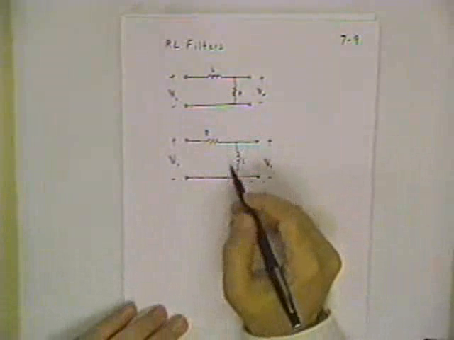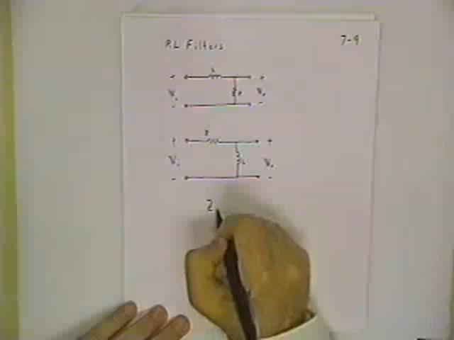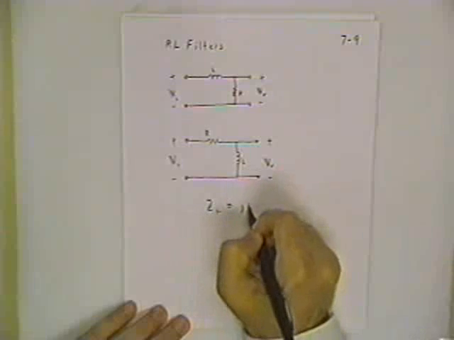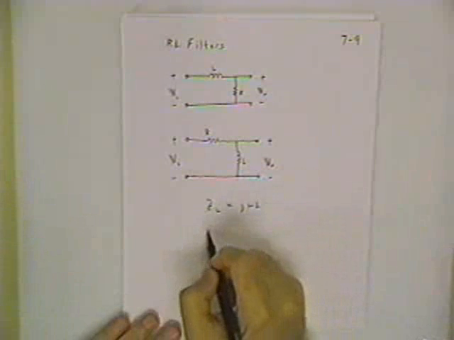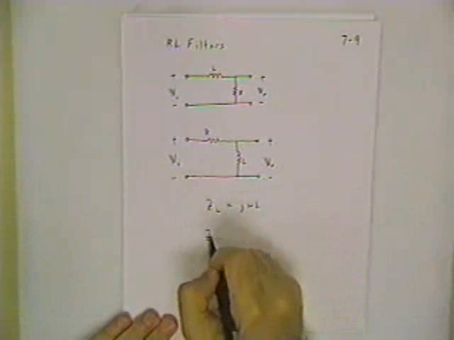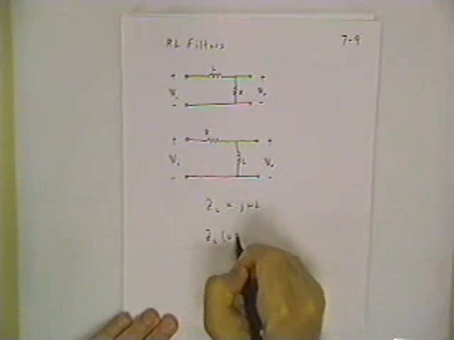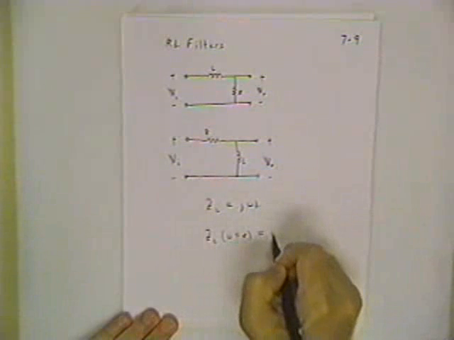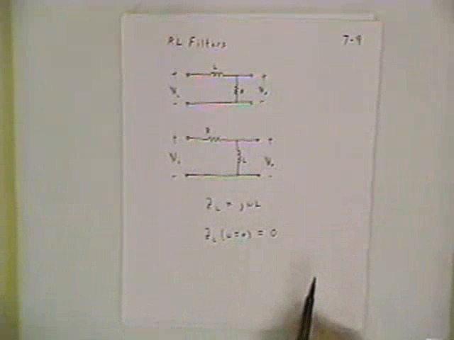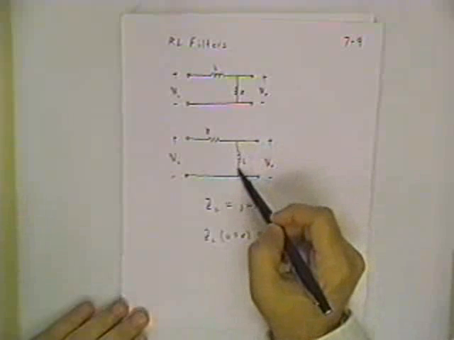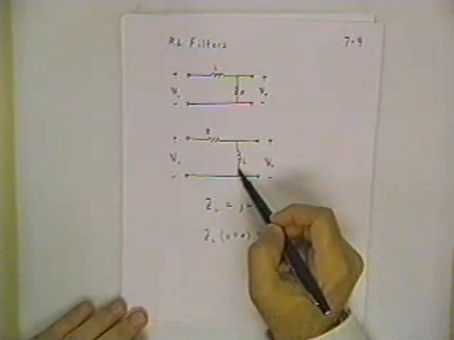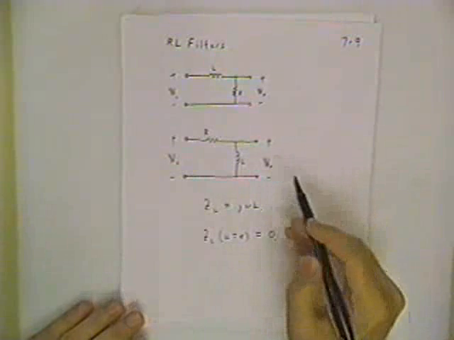What you do is you look at the impedance model for the inductor, and you say Z sub L is directly proportional to frequency. So Z sub L for omega equals 0 is going to be equal to 0. And that means at low frequency, I have 0 impedance across this inductor, so I get no output.